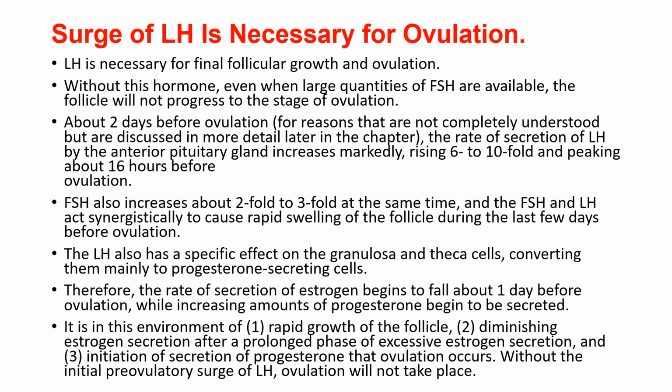It is in this environment of 1. Rapid growth of the follicle, 2. Diminishing estrogen secretion after a prolonged phase of excessive estrogen secretion, and 3. Initiation of secretion of progesterone that ovulation occurs. Without the initial preovulatory surge of LH, ovulation will not take place.